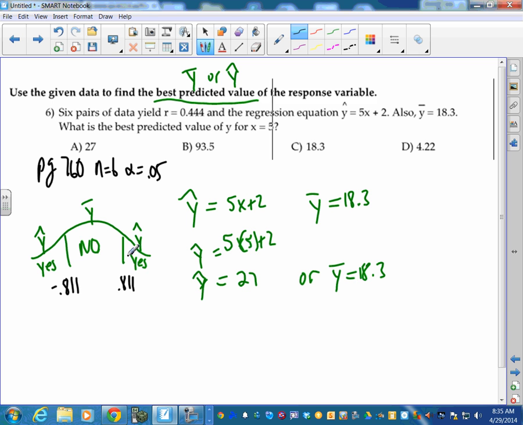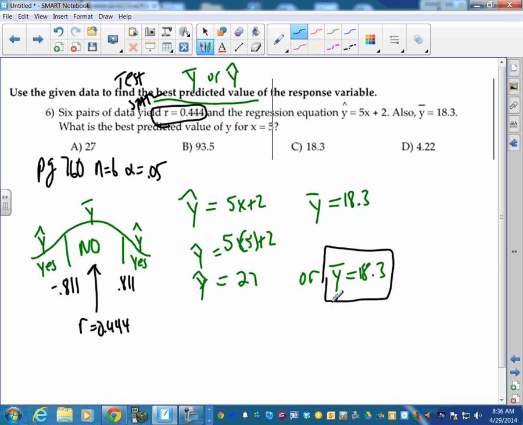Now, our test statistic is 0.44. That's our test statistic. How does that fall in the region? First, second, or third region? Second. So, since there is no correlation, we'll use Y hat as our answer. I'm sorry, Y bar.